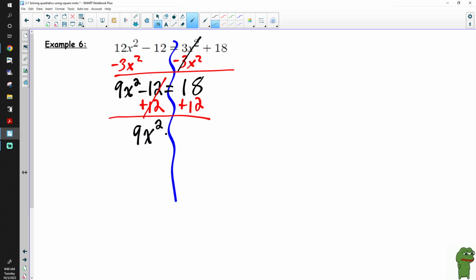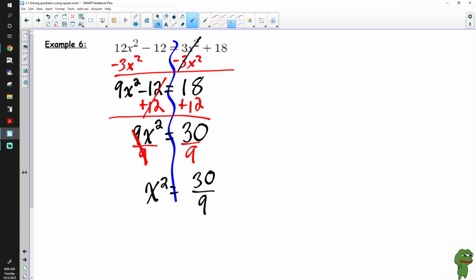But I wanted more people to say it. What do I do to both sides? Divide by 3. Yep. Divide by 3. Very good, class. X squared equals, yee! 30 divided by 9, is that a very nice number? No, so let's keep it as 30 over 9.